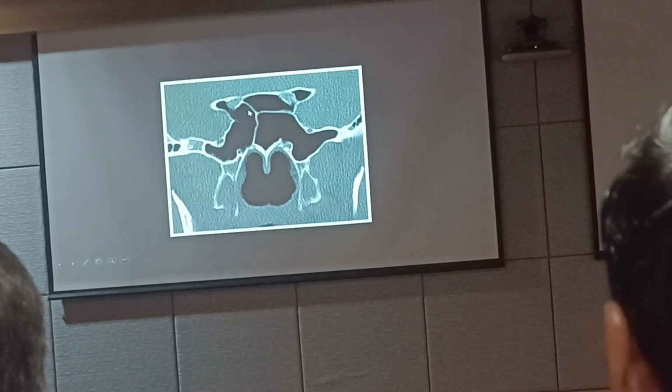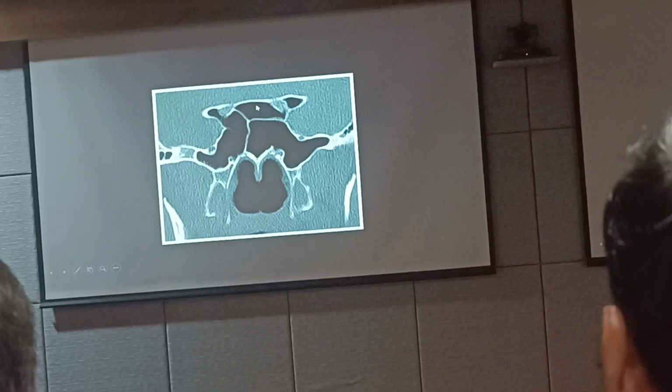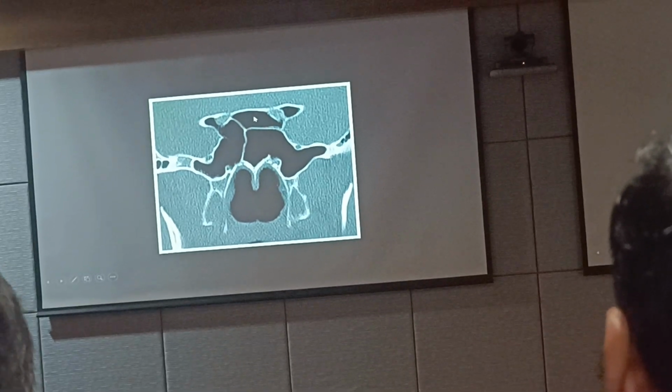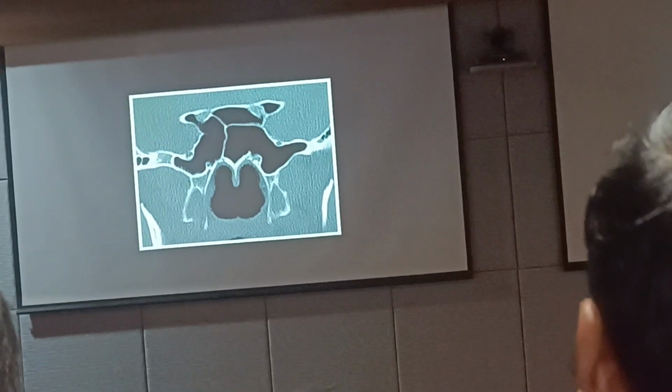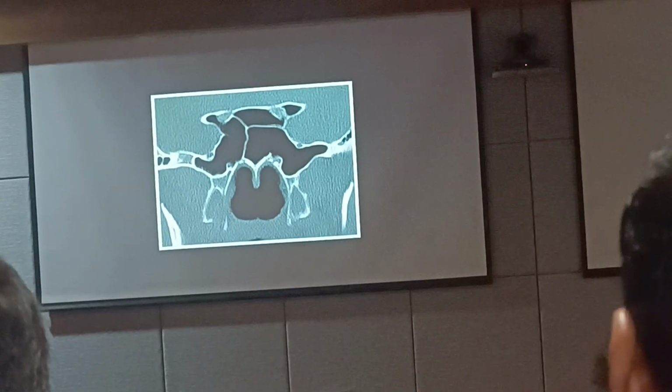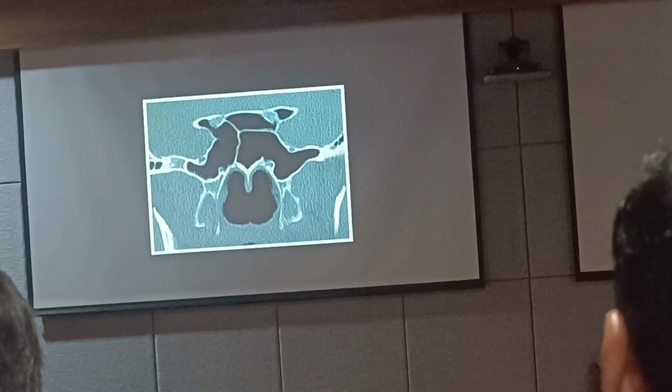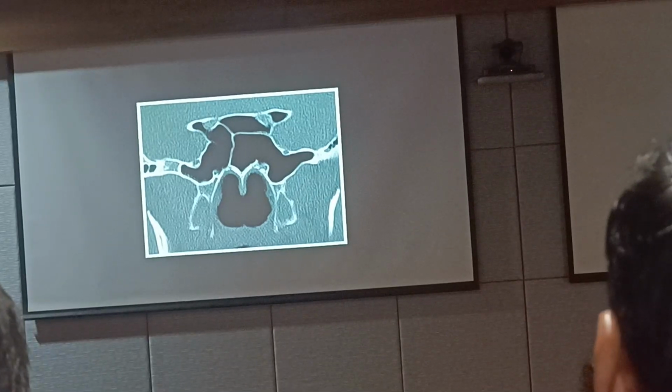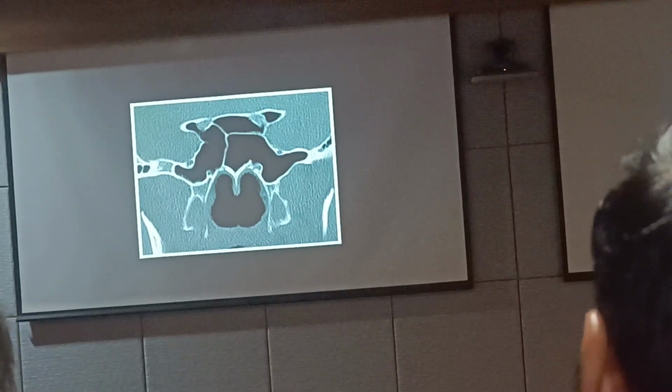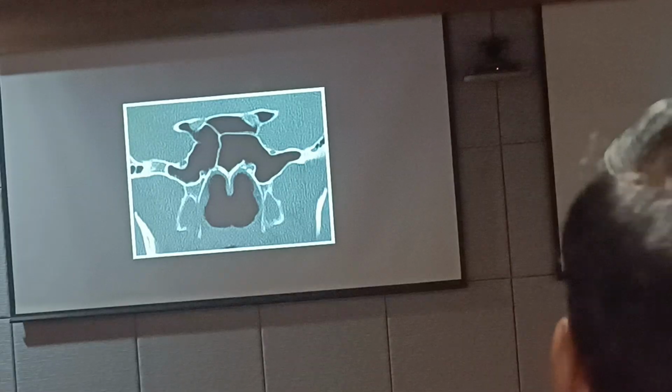Clear? So this should give you a suspicion of an Onodi cell. But yes, you will have to match it on axial scan and see whether your sphenoid and your posterior ethmoid are separate. And on your sagittal scans, you will see a clear posterior ethmoidal cell going there and the sphenoid below it. So that is why you need to study scans in all three dimensions.